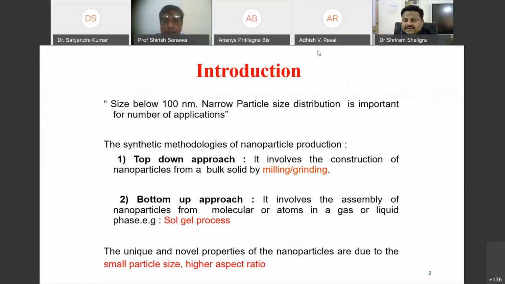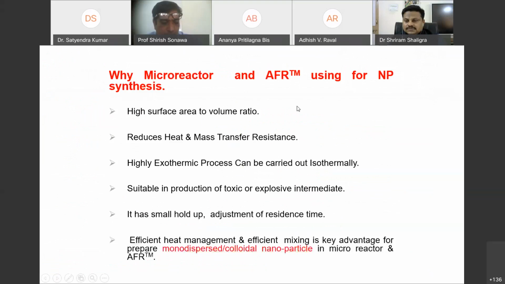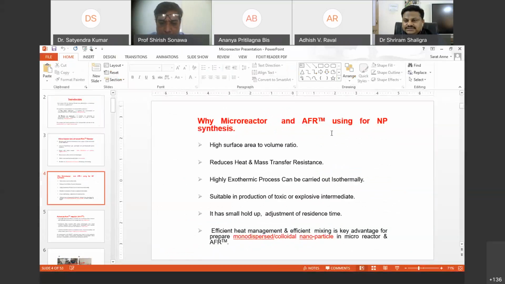Can you please read them out and answer those queries? Shall I go ahead with the micro reactor or shall I stop it? I was saying, shall we stop it? Yeah, stop it and just answer some queries which are in the chat box. Okay, please open your chat box.